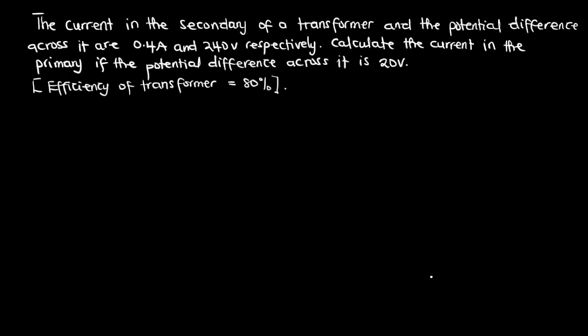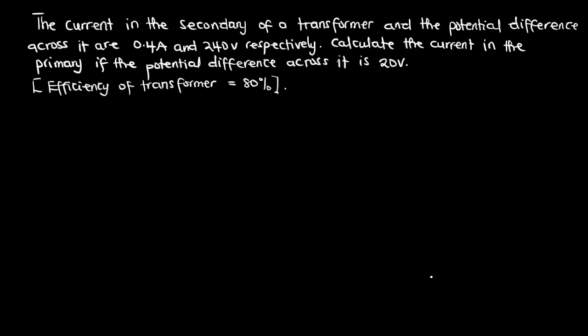All right, so let's have a look at another example. So over here we have the current in the secondary of a transformer and the potential difference across it are 0.4 amperes and 240 volts respectively. We are to calculate the current in the primary if the potential difference across it is 20 volts.